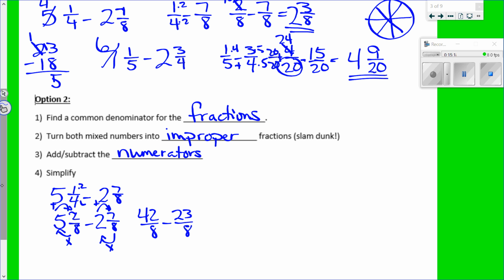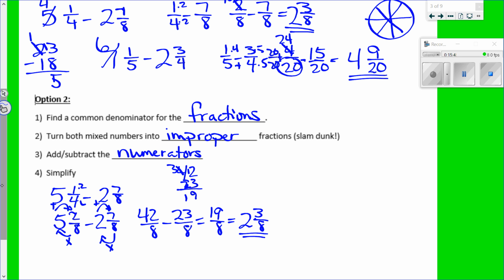So I do 42 minus 23. That's going to get me 19. So that becomes 19 eighths. And now I have to simplify. How many times will 8 go into 19? 2 with how much left over?